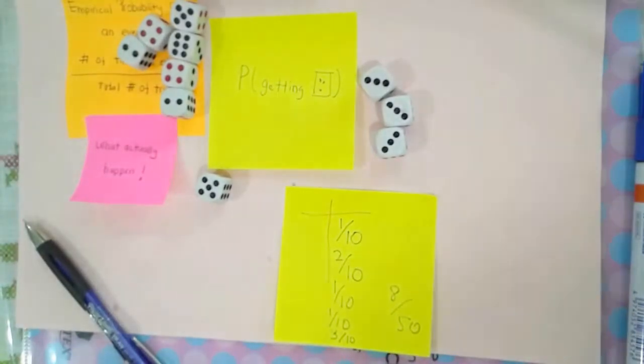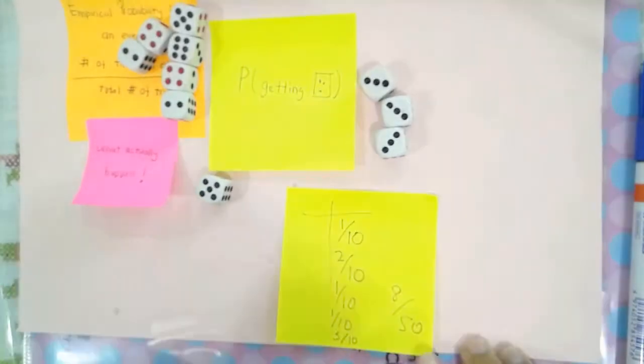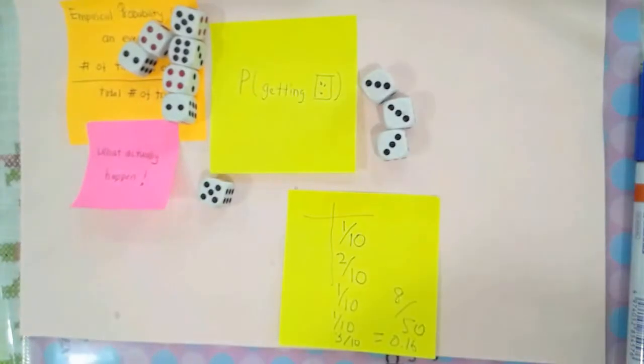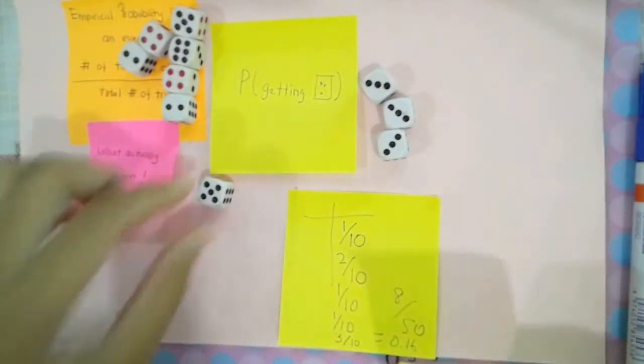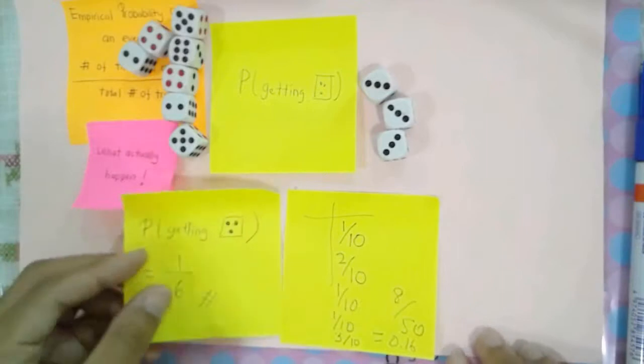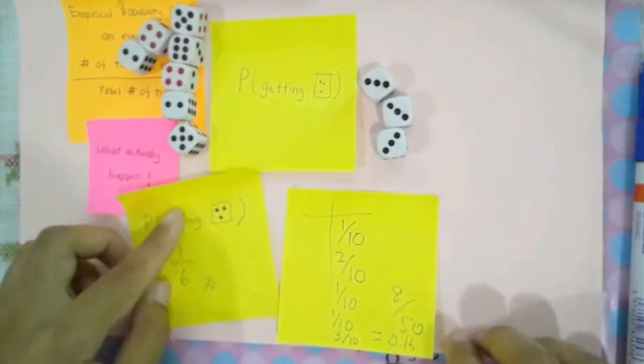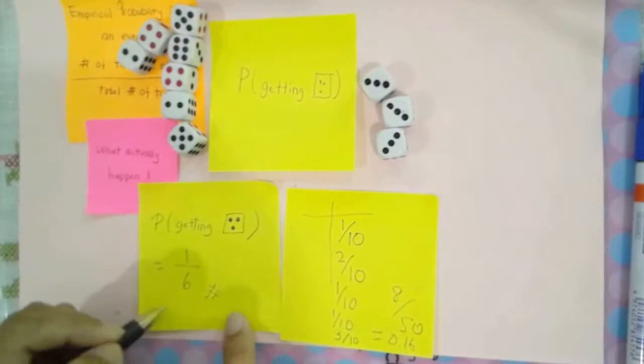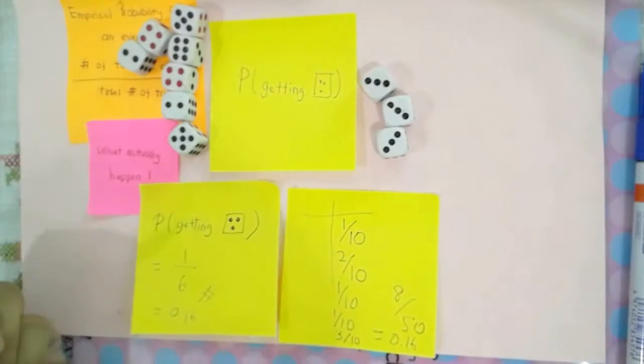So now, this is simply given by 0.16. Let us go back to the theoretical probability of getting the same event by using the theoretical probability formulation. 1/6, which is also equivalent to 0.16.